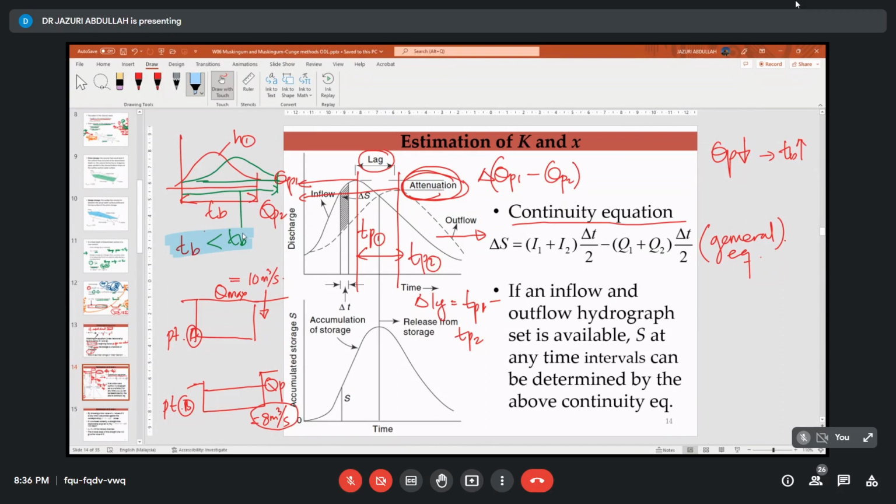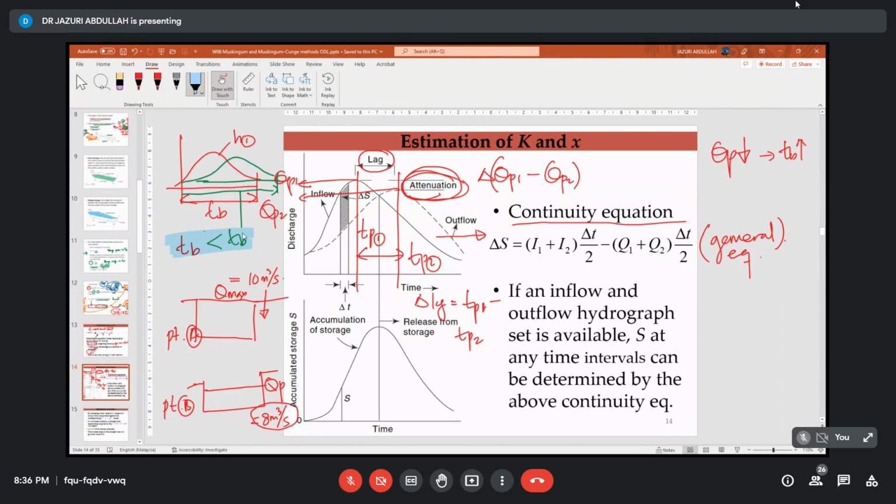Okay, gunakan Q equal to CIA and then gunakan frequency analysis. That is about the existing condition. Okay, when you do the lagging, when you introduce any flood mitigation measure, so you reduce the Q peak into the Q yang you nak. So jadi you akan tengok berapa jauhkah yang akan berlakunya lagging dan bagaimanakah falling limb dia akan berlaku.